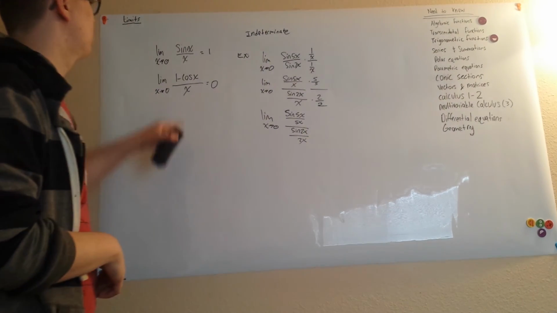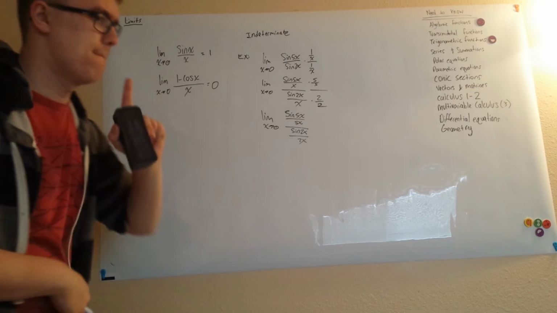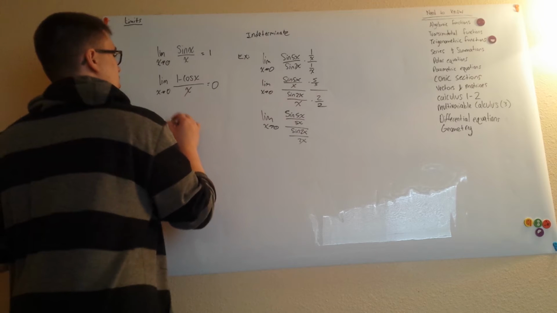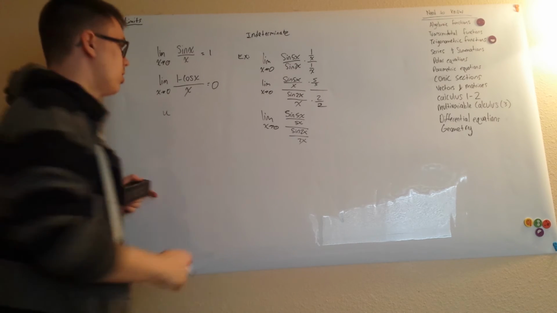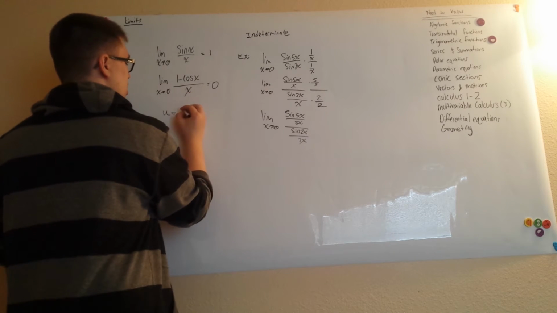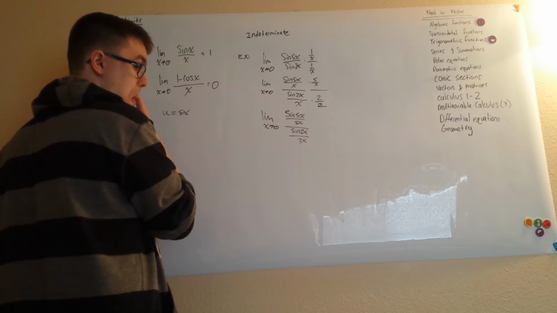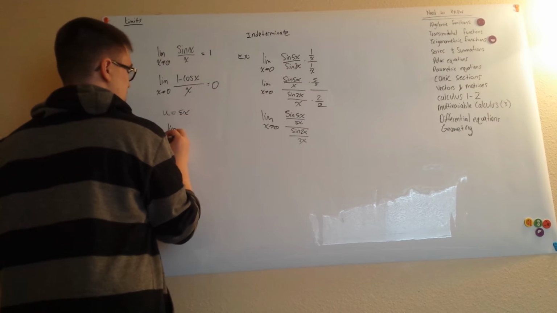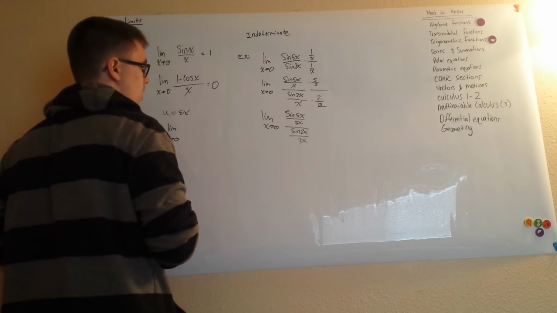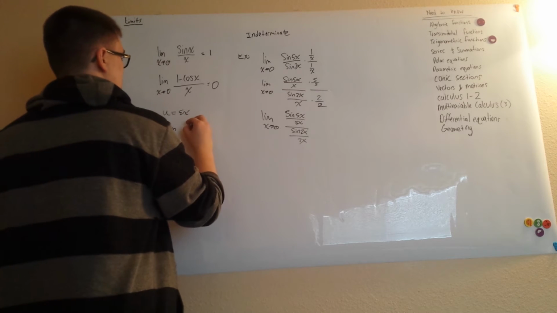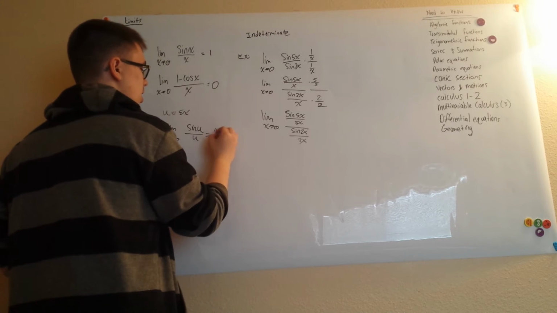Wait. That's not that. But we'll let u, just a substitution, equal 5x. Then I get a limit as x approaches 0 of sine u over u, which is just 1.